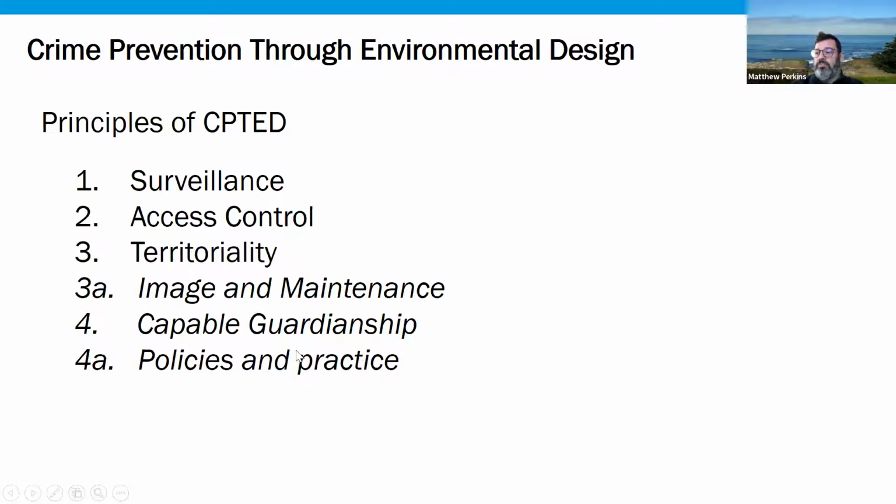And then policies and practice, especially for institutional areas like schools and school grounds. How do you build in that capable guardianship and maintenance into your policies and practice, and make sure that everyday work contributes to the success of CPTED interventions?